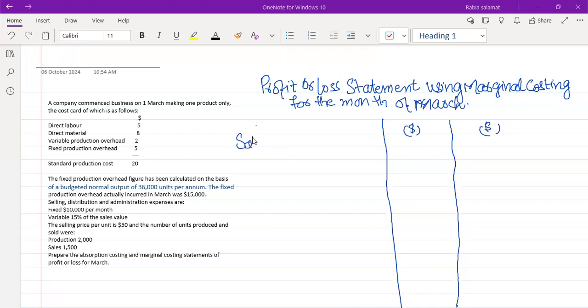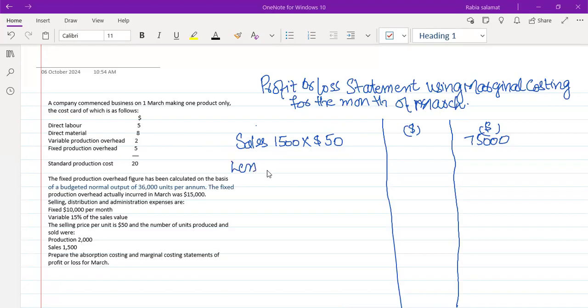We have sales: we sell 1,500 units and per unit selling price is 50, which equals 75,000.